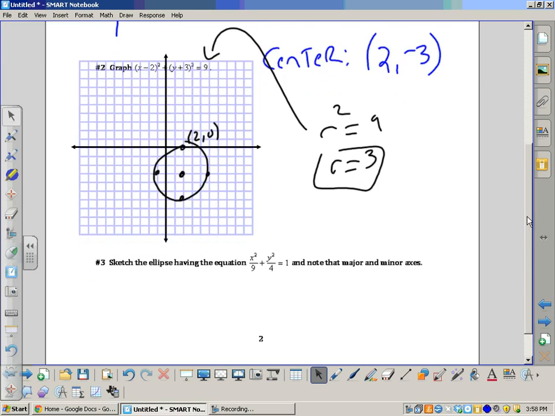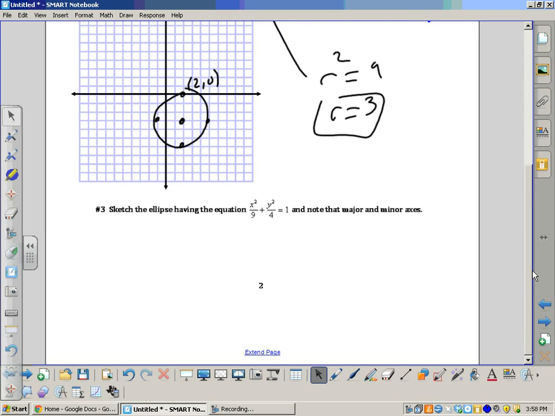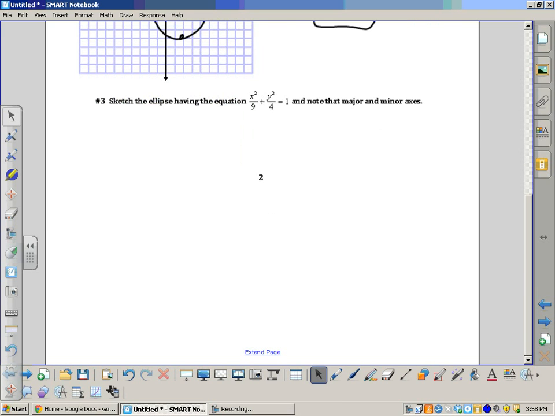3. Sketch an ellipse having the equation x squared divided by 9 plus y squared divided by 4 equals 1, and note the minor and major axes. An ellipse, if you read the notes, is basically like a circle that's been stretched horizontally or vertically, and a circle is also an ellipse. We'll do a lot of practice with these in class.